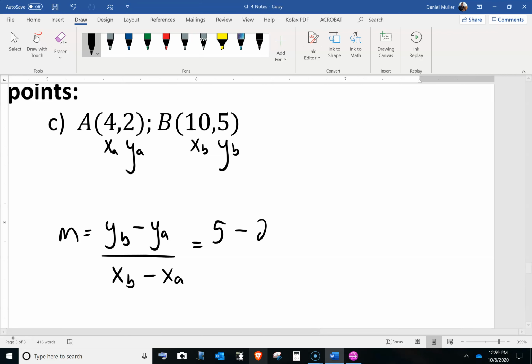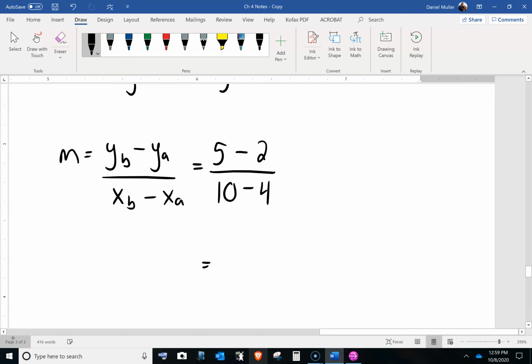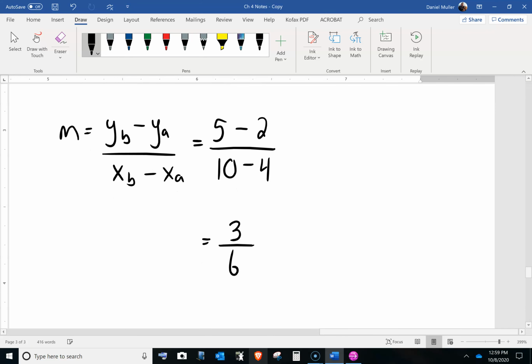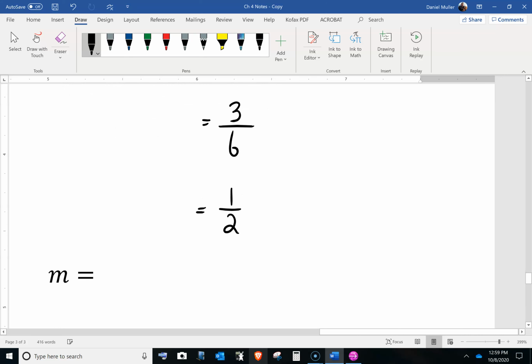Ya is 2. And then xb is 10 minus xa is 4. So you've got 5 minus 2, which is 3, and 10 minus 4, which is 6. Well, all of these can end up being reduced. 1/2. So what's our slope? Our steepness is a half.